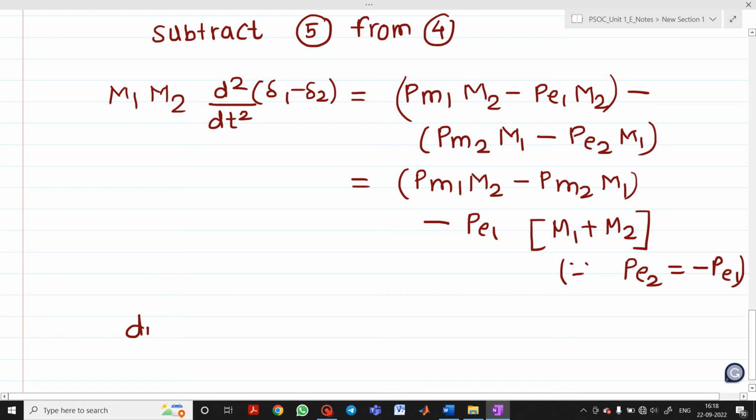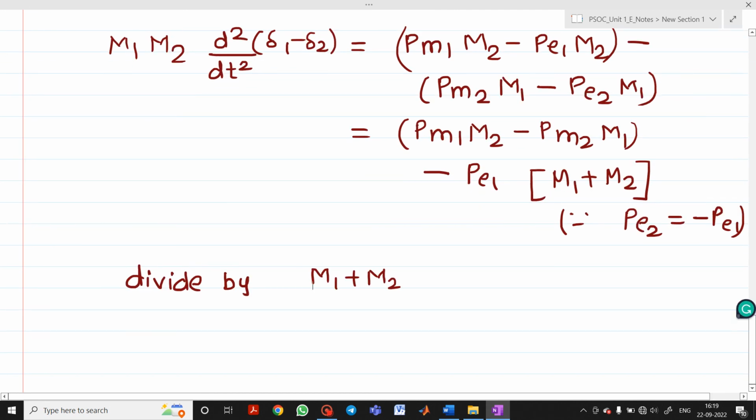Now what I will do? Divide both sides by M1 plus M2. So how will you get the expression?